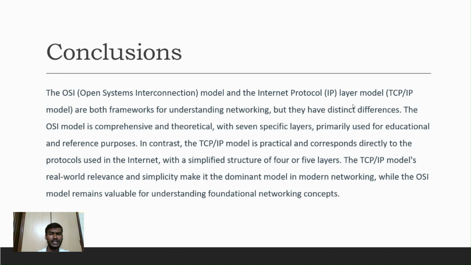In contrast, the TCP/IP model is practical and corresponds directly to the protocols used in the Internet. With a simplified structure of four or five layers, the TCP/IP model's real-world relevance and simplicity make it the dominant model in modern networking, while the OSI model remains valuable for understanding functional network concepts.